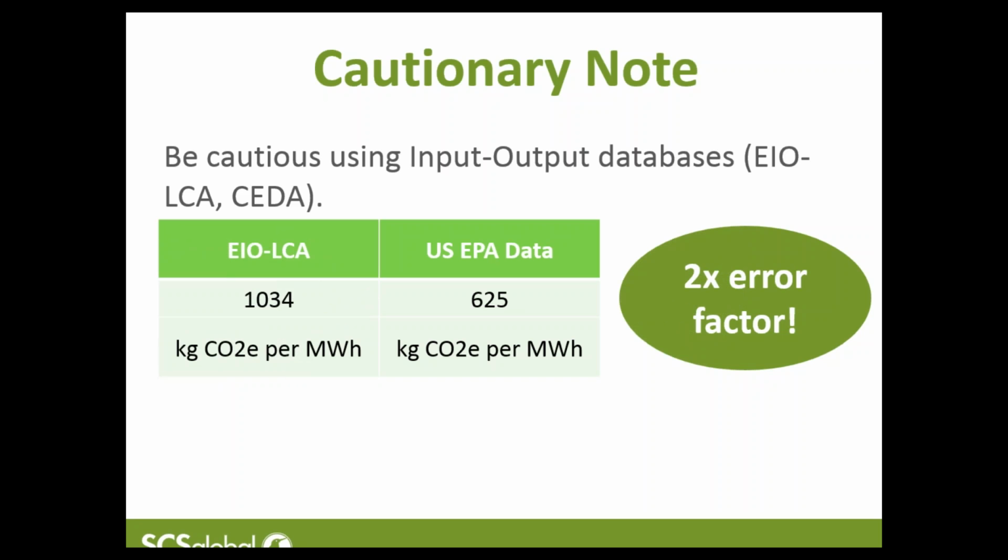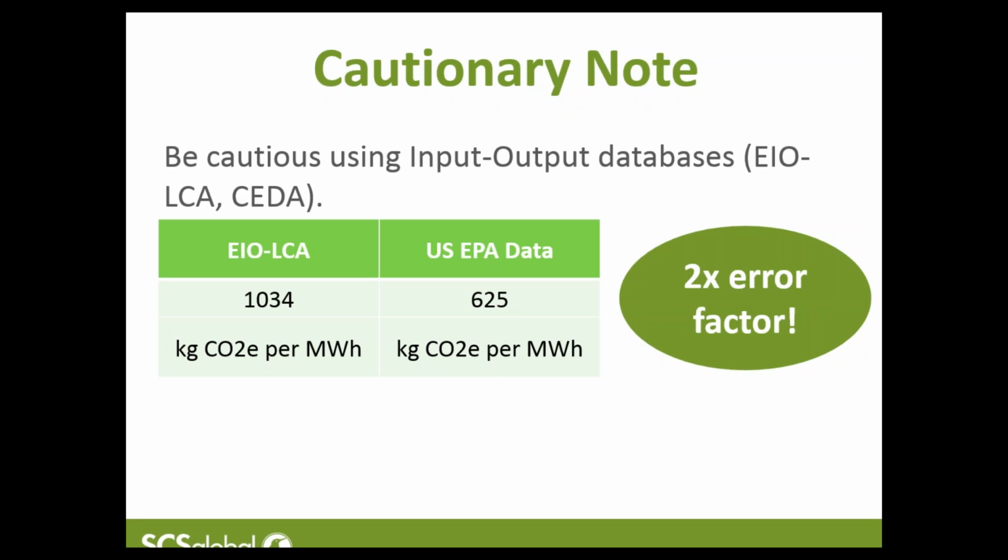For example, this table shows, for a commonly used LCA database, EIO-LCA, the kilograms of CO2 equivalents per megawatt hour of emissions for electricity use. We actually did a review looking at the site-specific U.S. Environmental Protection Agency data, the best type of data you could possibly get. We found it was barely one half as much as the EIO data.